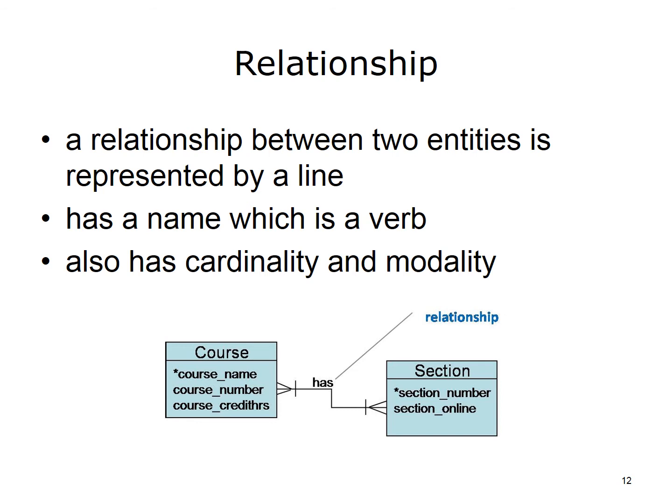The maximum and minimum number of times an instance, or actual occurrence, in one entity can be associated with instances in an entity with which it has a relationship. These maximum and minimum numbers are called cardinality and modality, respectively. These are the only types of relationships represented in data models.